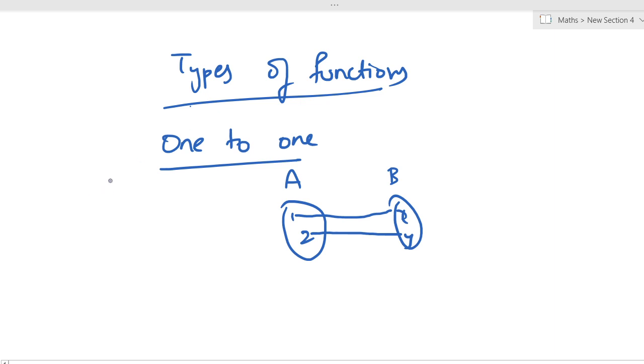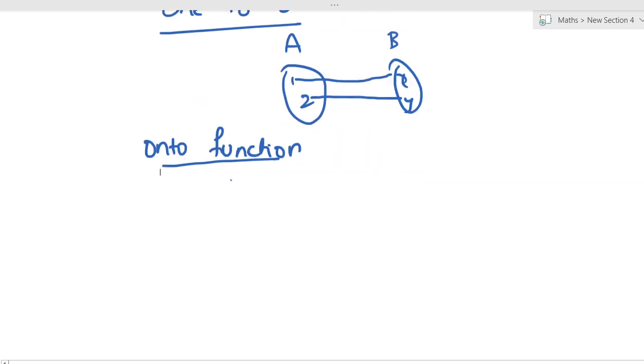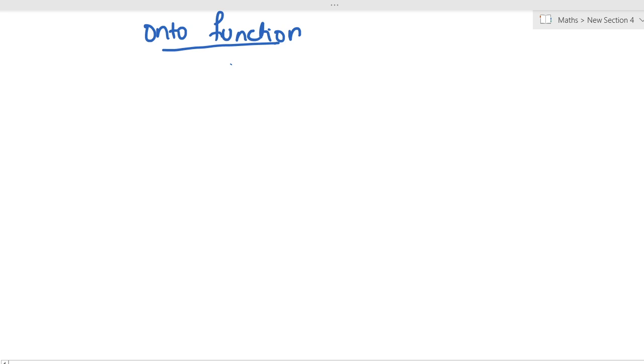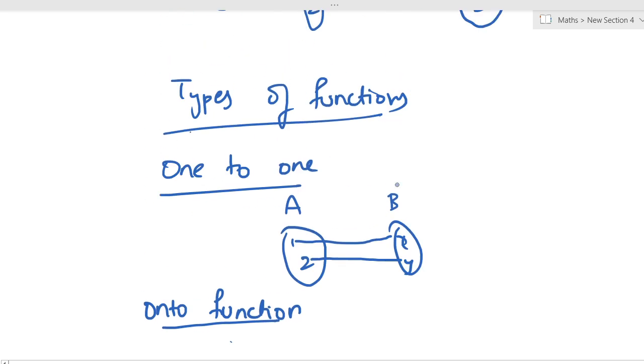Next we'll discuss onto and into functions. Onto function means... okay, I'll give you one example which is not one to one.